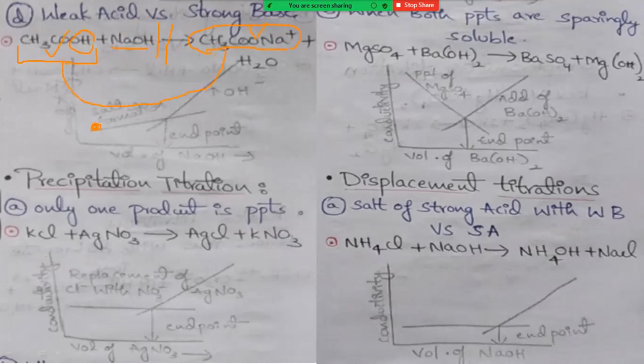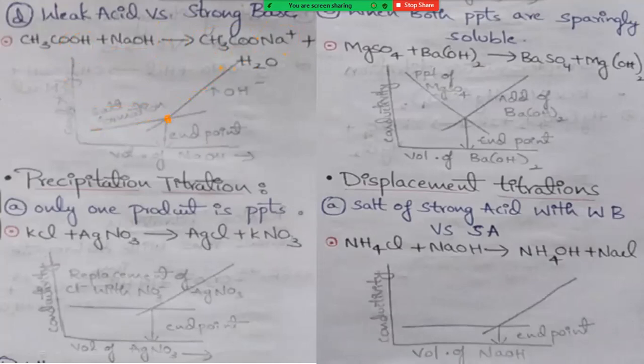That is the reason the graph increases very slowly, right? And at this point, all H+ ions are completely consumed, forming the complete amount of CH3COONa. That means salt formation is completed, so it reaches the end point.